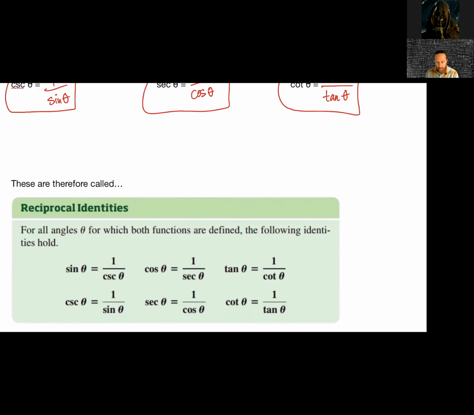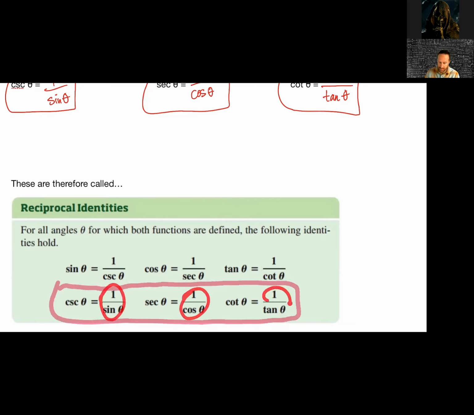Okay, so I will tell you right now, most of the time, what you will use these for are these. Okay, we will have the sines, cosines, and tangents most often. And instead of having them as big, nasty fractions, we will prefer it to just be a single trig function without the fraction part.